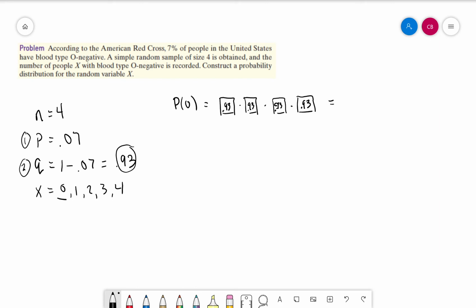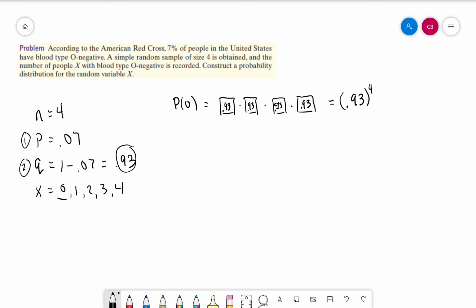So what does this mean? This means that there is a 0.93 to the 4th chance that none of these people have O negative blood. I'm going to use a calculator to do that real quick.